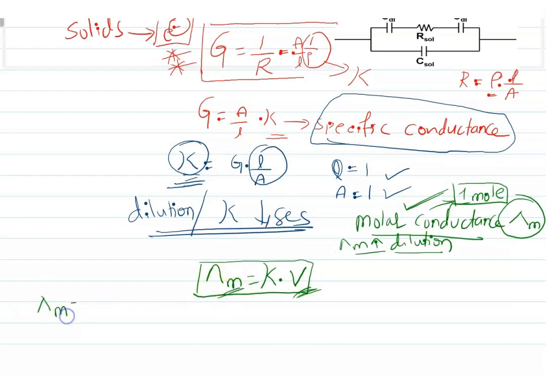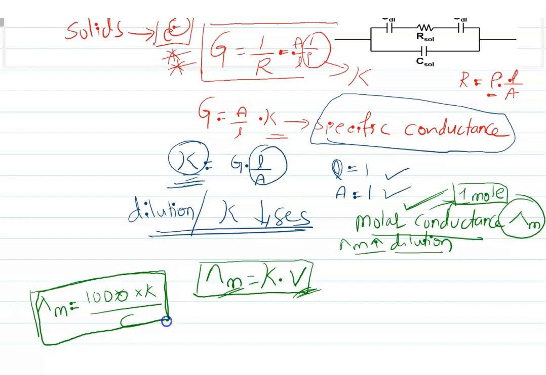The formula we use to calculate the molar conductance is lambda m is equal to 1000 into kappa by C, where kappa is the specific conductance and C is the concentration of the electrolyte. This is the equation we will use to solve the problems.